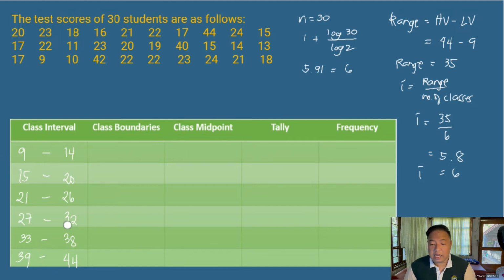Next, the class boundaries. Since these are whole numbers, magbabawas lang po tayo ng 0.5. Opo. So, this is 8.5, 14.5. Sa lower class limits, bawas lang tayo ng 0.5.